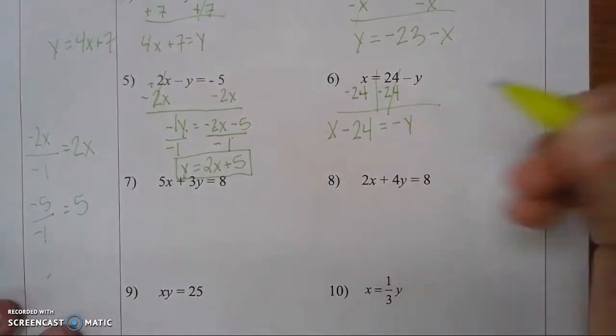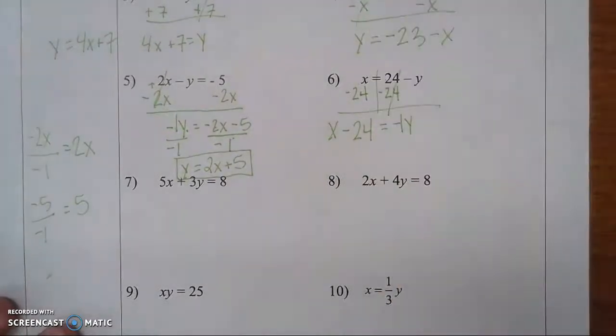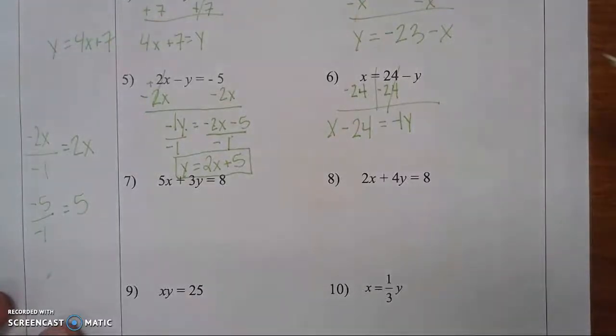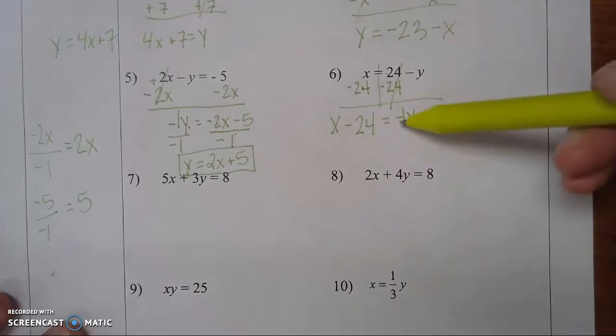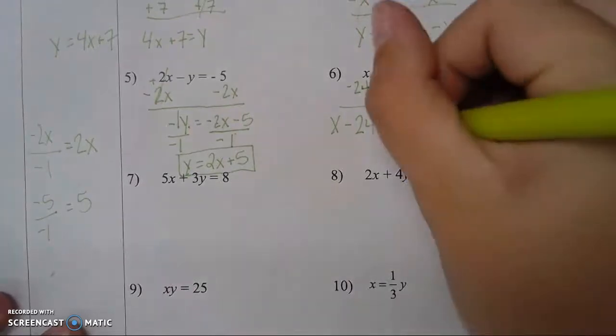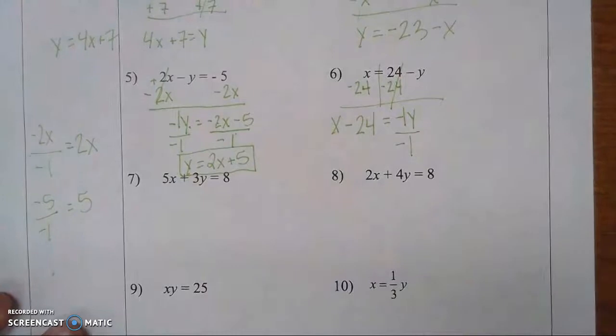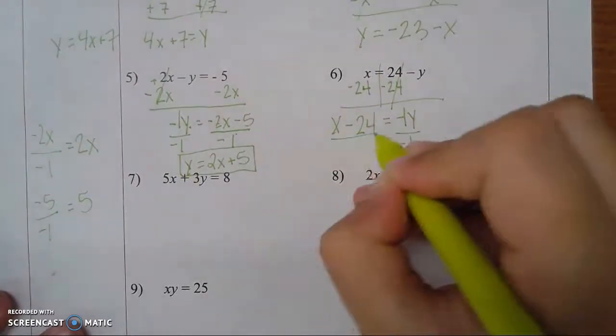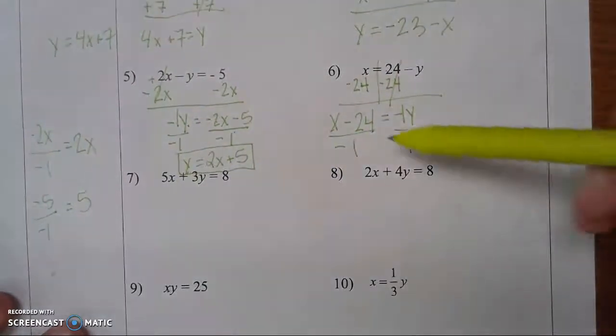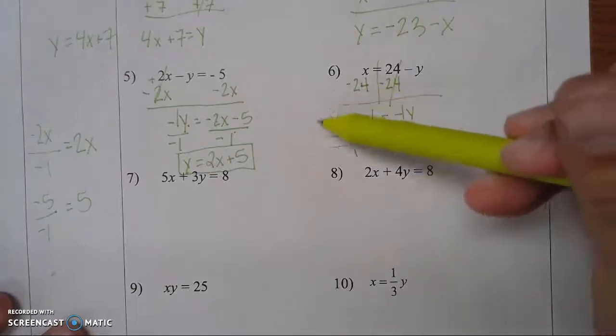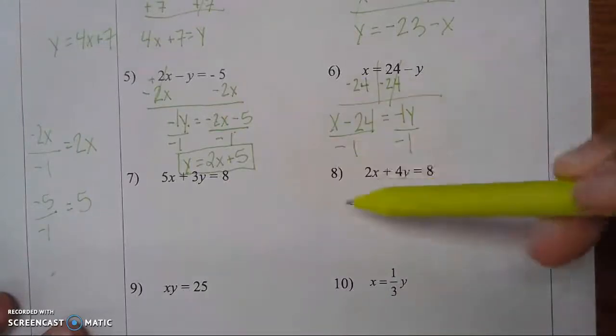So I need to move this negative sign, and remember there's an imaginary 1 right in front of that y, so this is saying negative 1 times y. So if I want to get y by itself, the opposite of multiplying by negative 1 is to divide it. And when you divide it, you just need to make sure that you're dividing it on both sides and it's on the entire thing that's on the left hand side here.